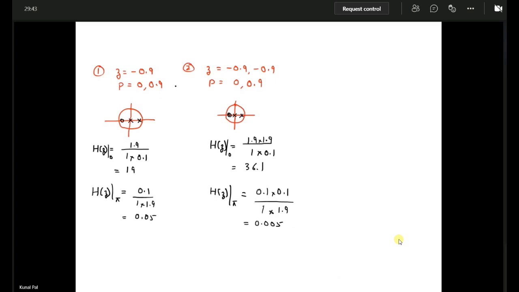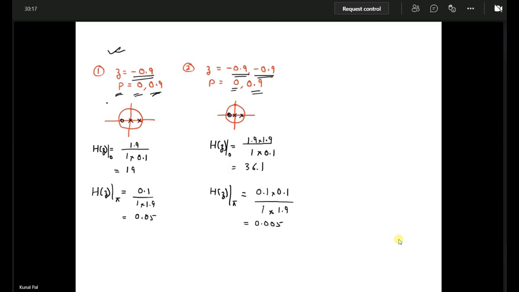Now, similar to the previous case, if we take up the third example, in the third example, we have two cases. In the first case, we have a 0 at minus 0.9 and poles at 0 and 0.9. On the contrary, in the second case, we have zeros at minus 0.9 and minus 0.9 and poles at 0 and 0.9.